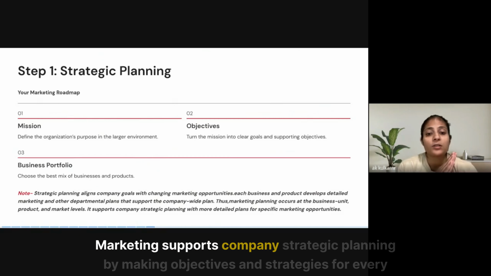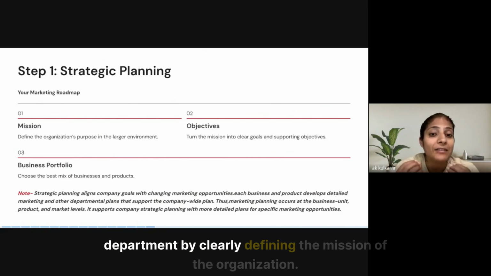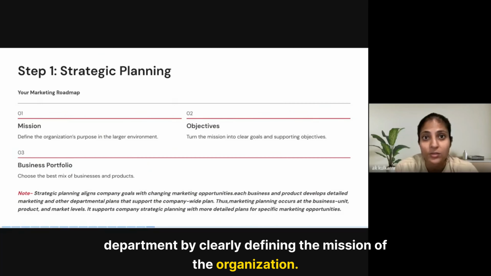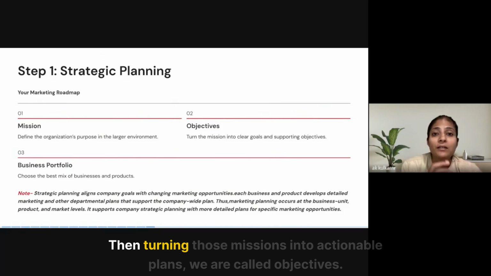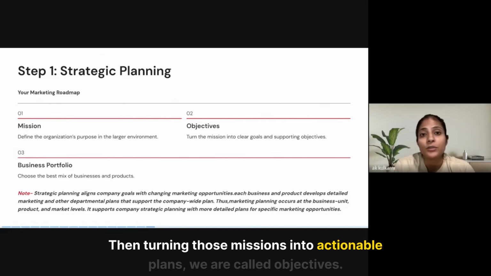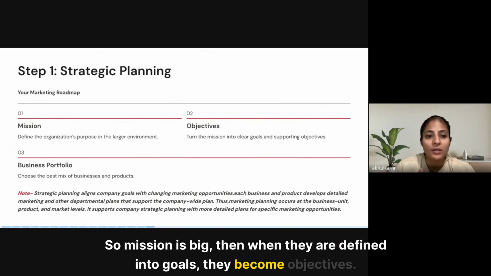Marketing supports company strategic planning by making objectives and strategies for every department, by clearly defining the mission of the organization. What is the organization as a whole here to do? Then turning those missions into actionable plans, which are called objectives, right? So mission is big, then when they are defined into goals, they become objectives.